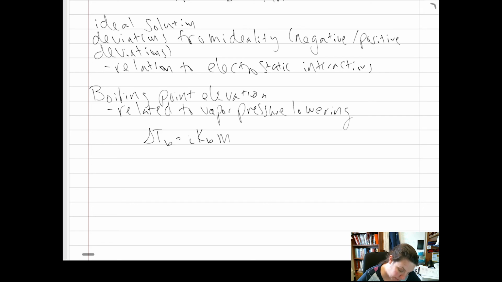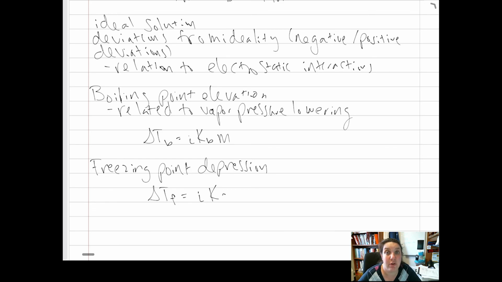Our freezing point depression, understand how that works. Freezing point depression is equal to negative i, because it is depression, times our molar freezing point depression constant, times molality.